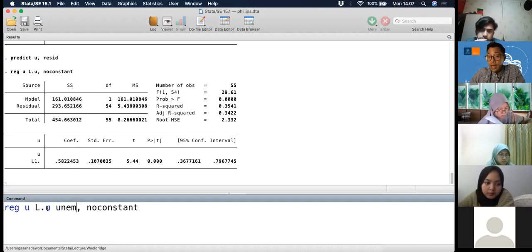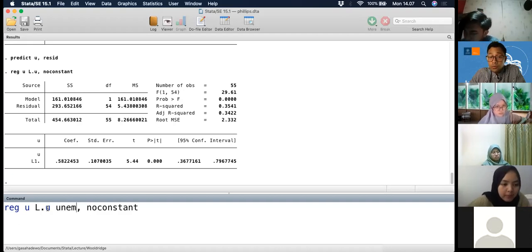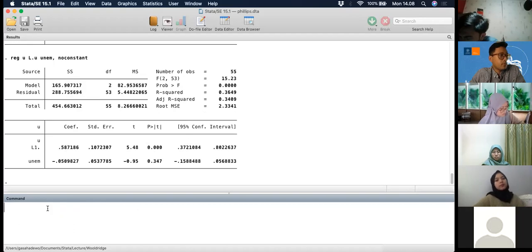And if you include unemployment in the regression specification, then you can accommodate the fact that the lag of the residual could be correlated with the unemployment variable. Okay, so this is an example when there is no strict exogeneity. And then we can run the regression.